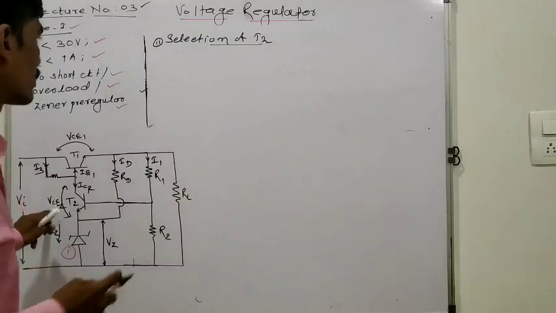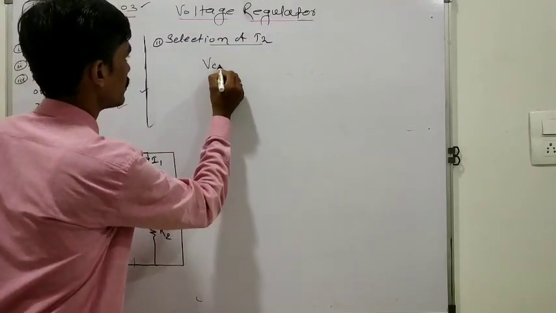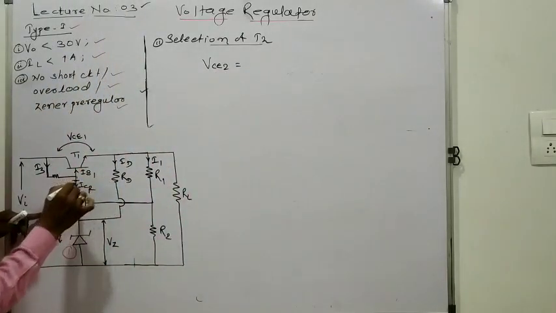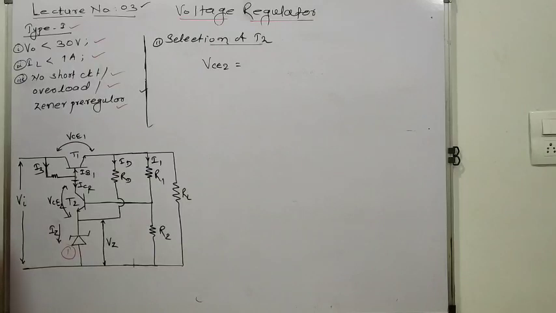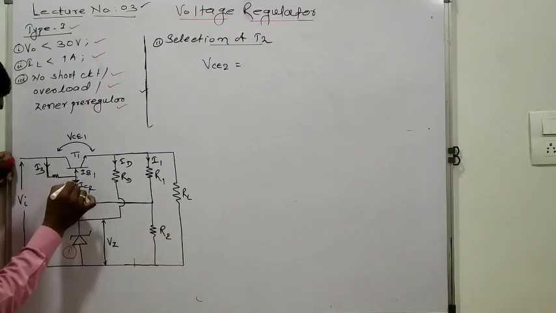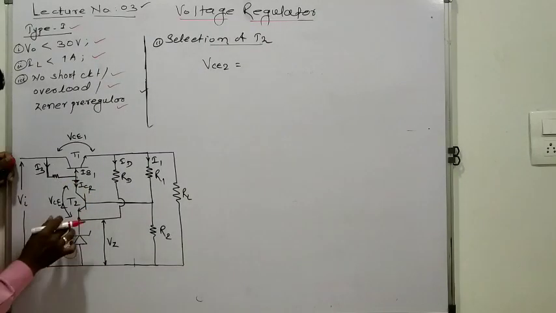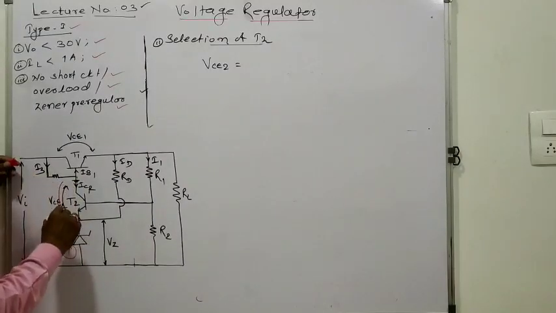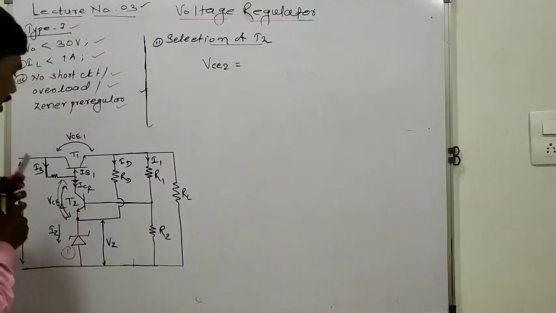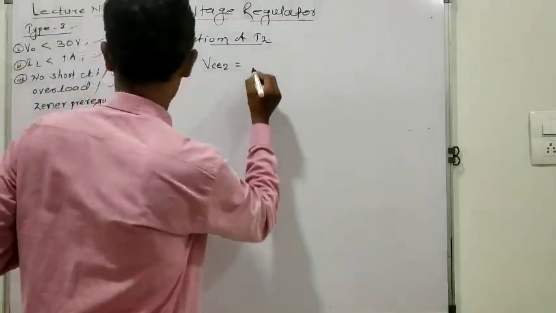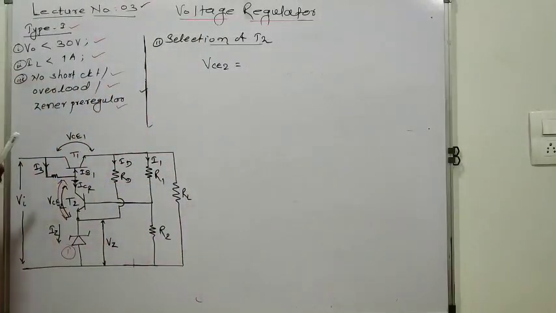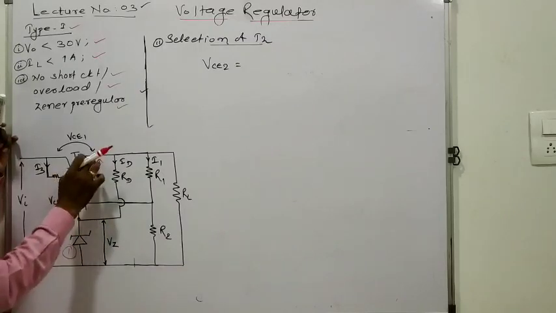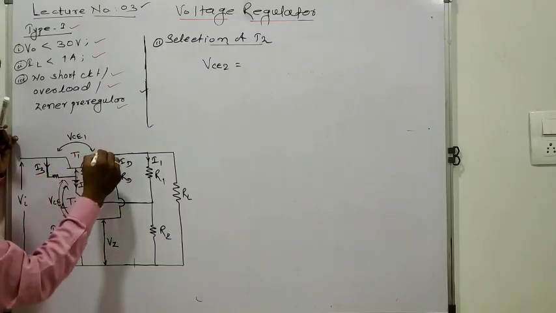So we go for the VCE2. VCE2 is equal to the voltage across this collector to emitter. How are we getting the value of VCE2? It is the difference between the voltage at the collector and the voltage at the emitter. So how are we getting the value of VC? It is nothing but the voltage across this, that is VB1, plus the voltage available at this point, which is VO.